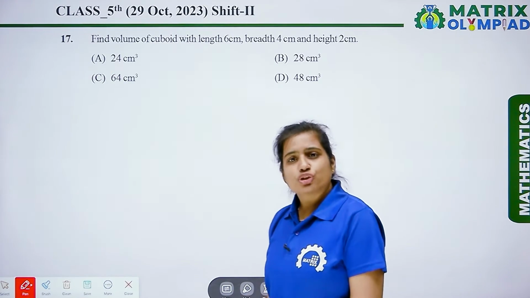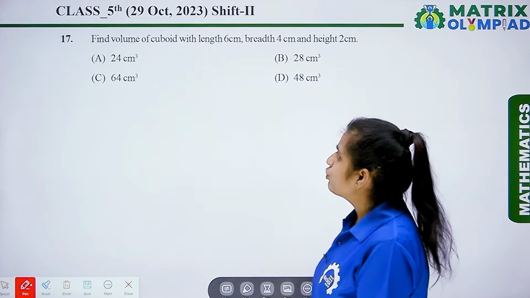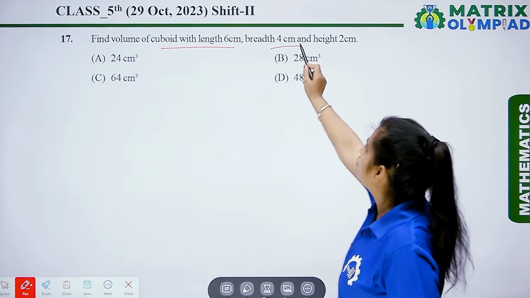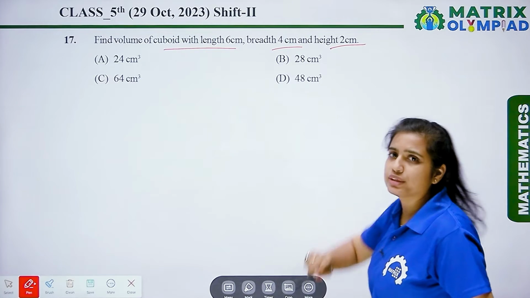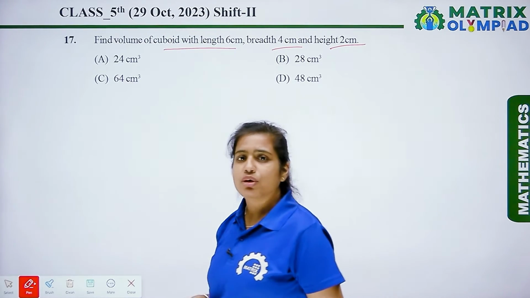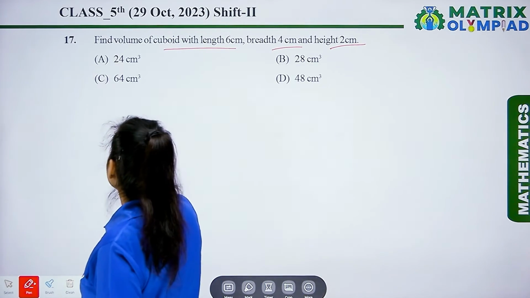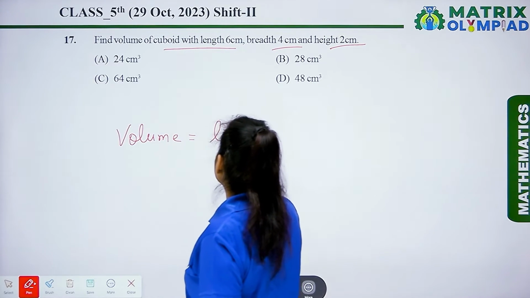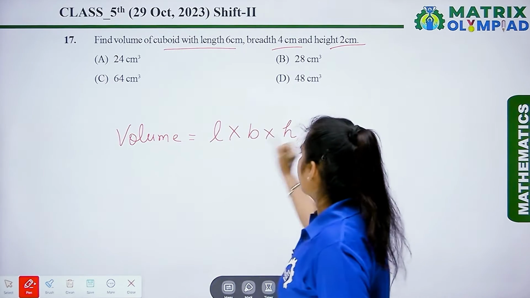Now in the next question, question number 17. In this question, we have to find the volume of a cuboid with the length 6 cm, breadth 4 cm and height 2 cm. So here what we have to do? We have to find out the volume of the cuboid. So volume of cuboid is equal to length multiplied by breadth multiplied by height.